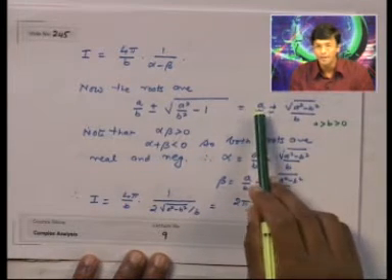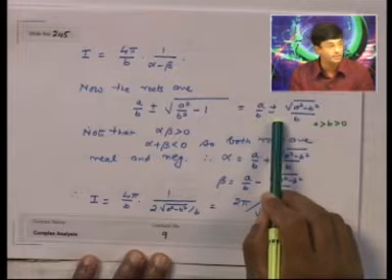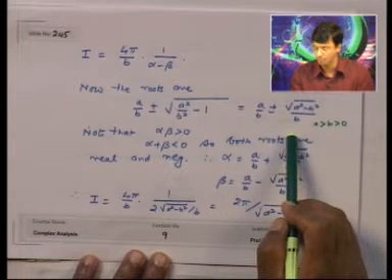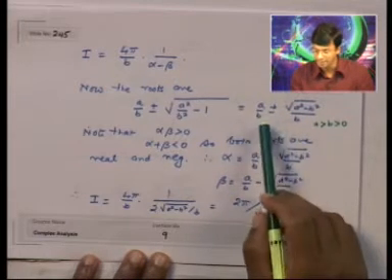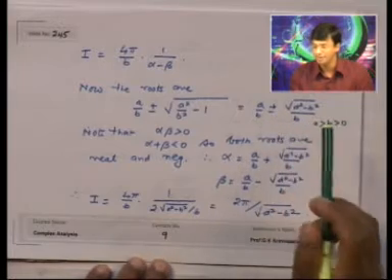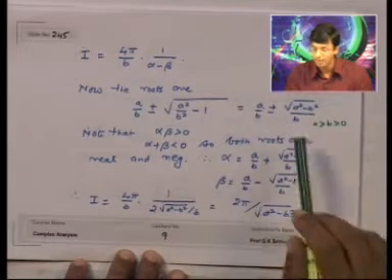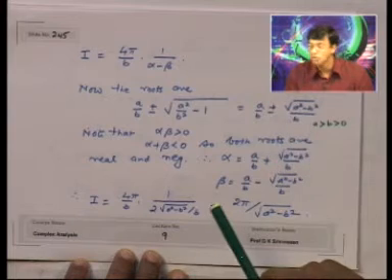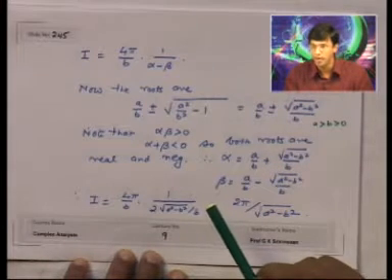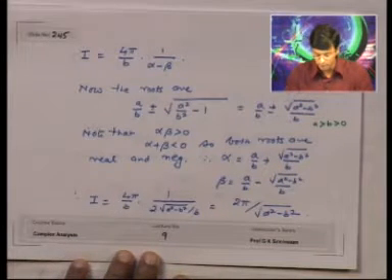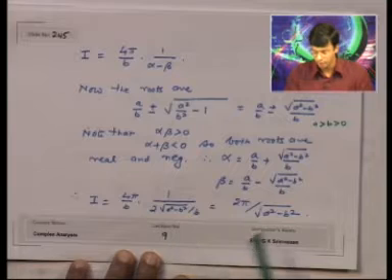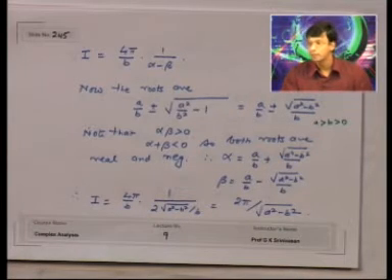Alpha is a by b plus root of a squared minus b squared upon b, and beta is a by b minus root of a squared minus b squared upon b. So, alpha minus beta is what? 2 root a squared minus b squared upon b. So, you put that value and you get the answer, correct, 2 pi upon root of a squared minus b squared, all right.